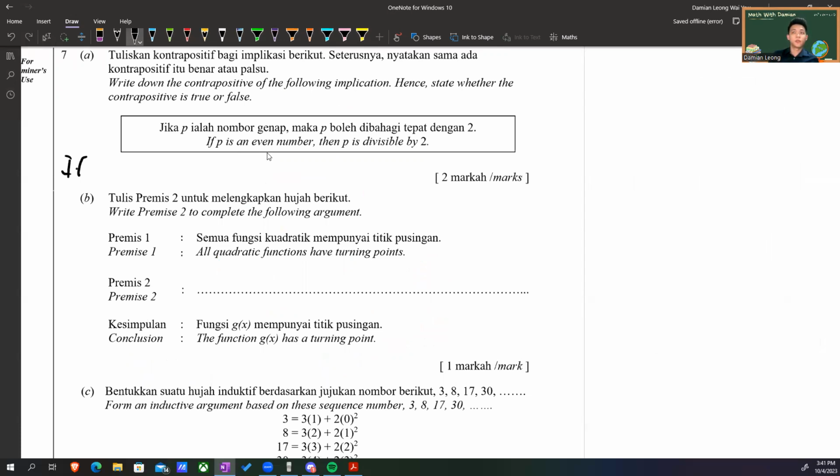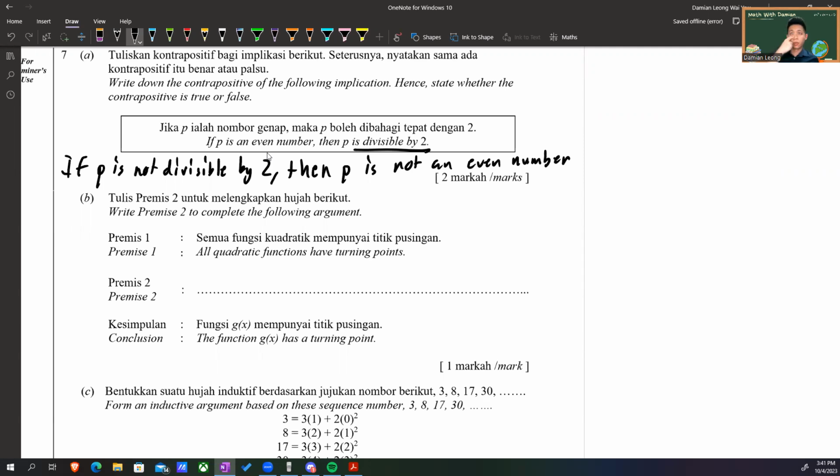So if P is not divisible by 2, then P is not an even number. The contrapositive and the original statement will have the same true or false value.